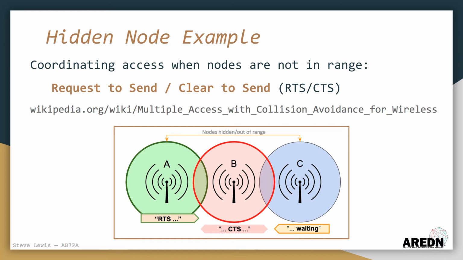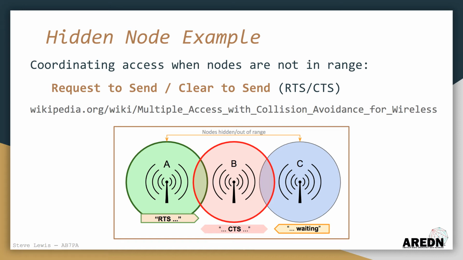To eliminate this problem, AREDN nodes can use request to send and clear to send messages, often abbreviated RTS and CTS. For example, when node A wants to transmit, it can broadcast a short request to send message with a proposed time slot and a duration for sending its complete data stream.